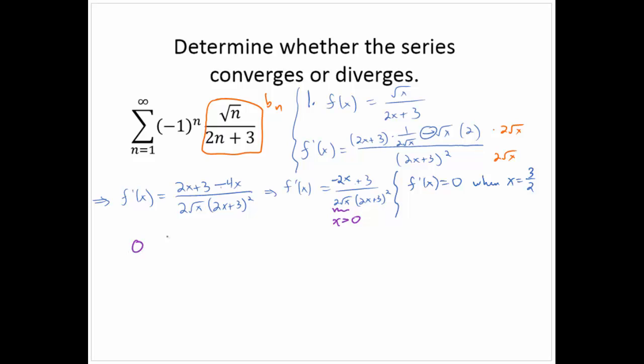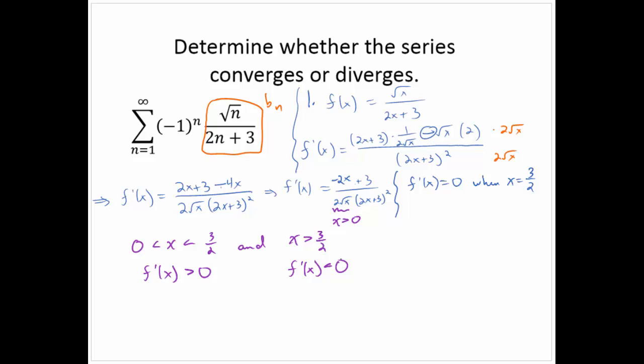We've got 0 less than x less than 3 halves, and x greater than 3 halves. Testing into the first derivative, between 0 and 3 halves, you should find that f prime of x is positive, and when x is greater than 3 halves, you should find that f prime of x is negative.